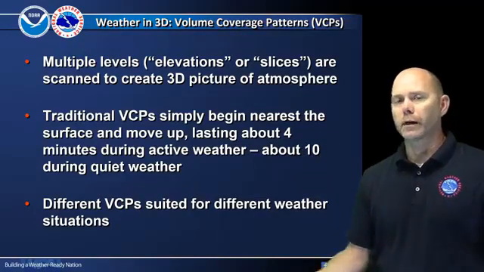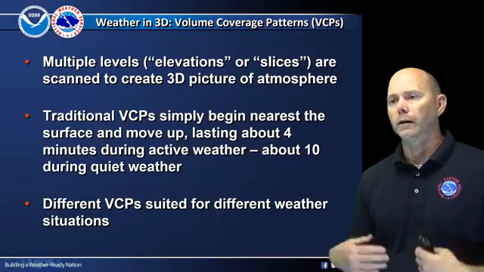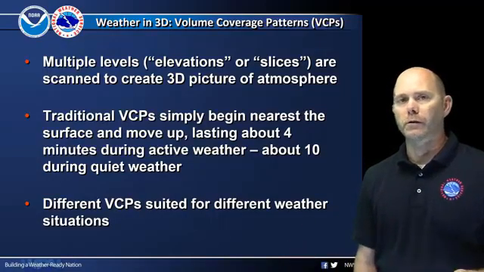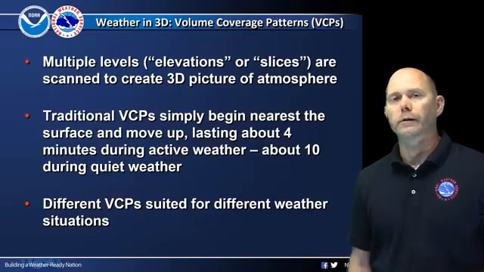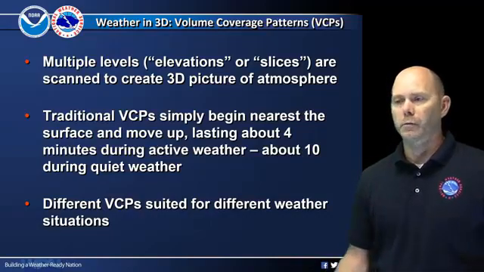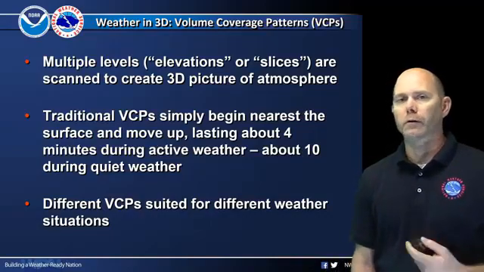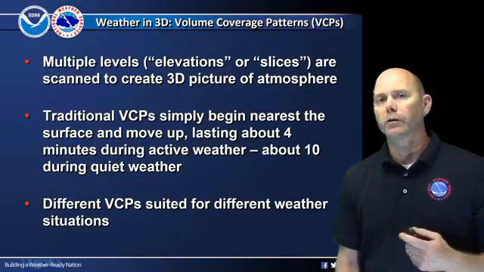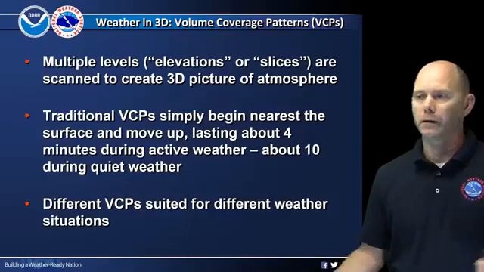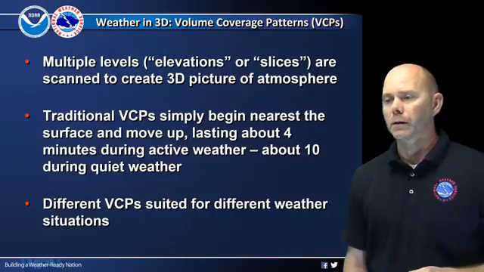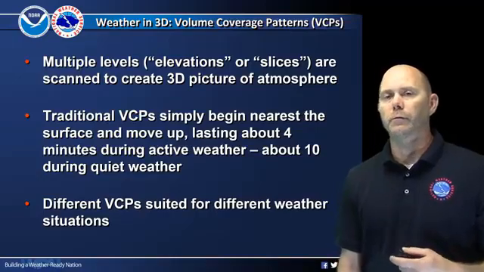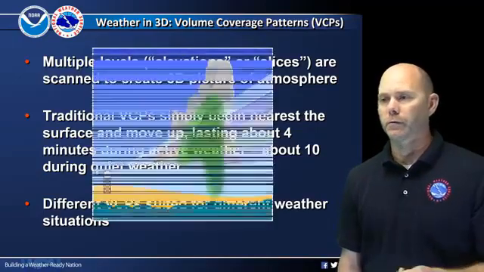But there are multiple levels in a volume coverage pattern, which gives a 3D picture of what's going on in storms and in areas of precipitation. Meteorologists particularly like to use this 3D picture to get a good sense of how a storm is developing or its severity. And there are different volume coverage patterns used in different varieties of weather scenarios.